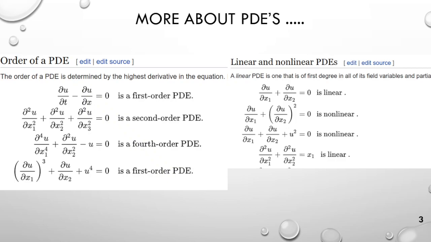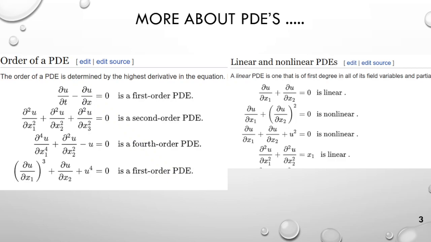If you have, for example, dou phi by dou x, that is just a first derivative. Now, you can have dou by dou x of again dou phi by dou x. There you are differentiating the variable two times, so it becomes a second order partial differential equation. In that way you define the order.